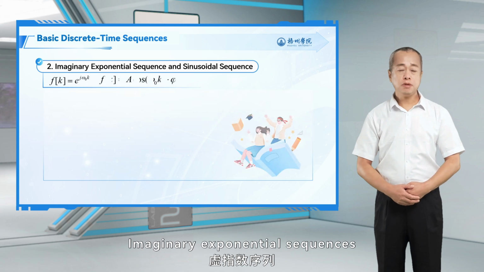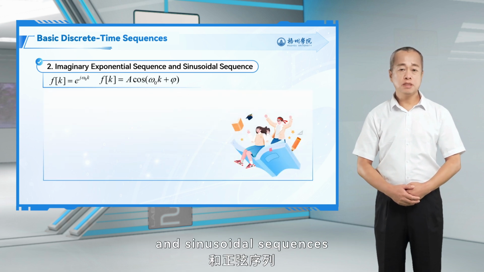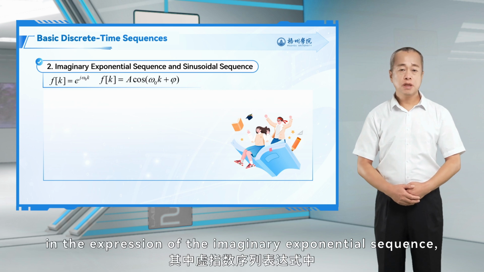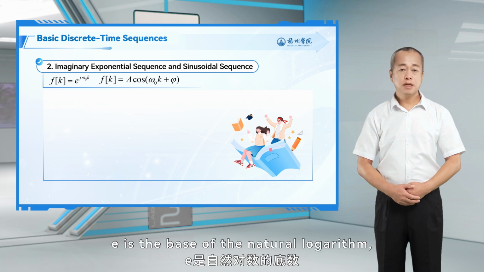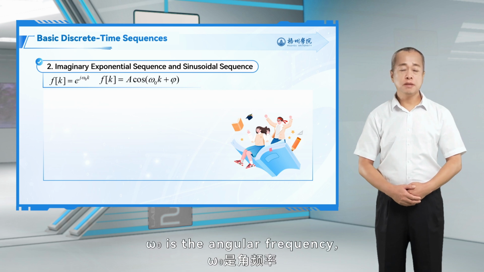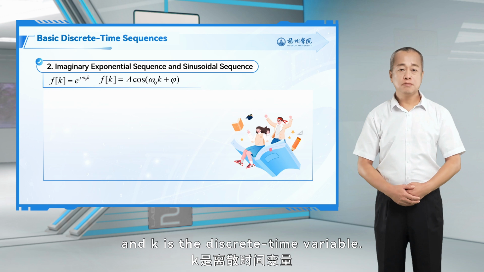Imaginary exponential sequences and sinusoidal sequences have expressions as shown in the figure. In the expression of the imaginary exponential sequence, e is the base of the natural logarithm, j is the imaginary unit, omega 0 is the angular frequency, and k is a discrete time variable.